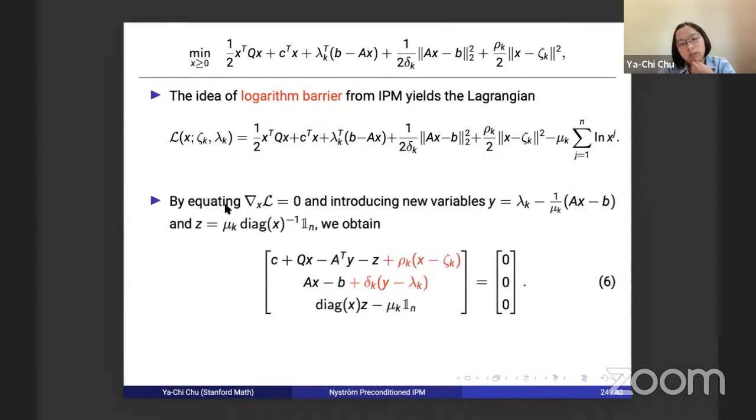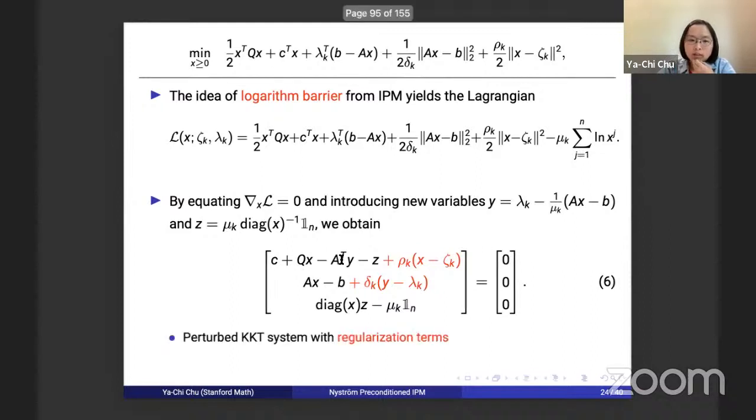If we take gradient equals to 0 and introduce some new variable, it turns out that the system we need to solve looks like this. If you look at the black part, it is just the perturbed KKT system that appears in the original IPM method. So this is dual infeasibility, primal infeasibility, and this is the complementarity condition.